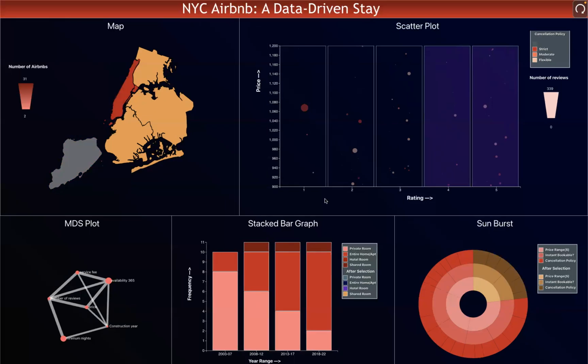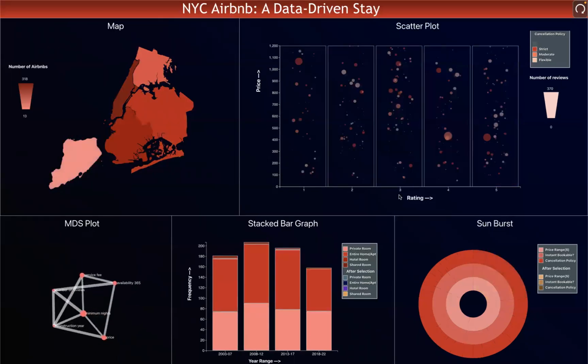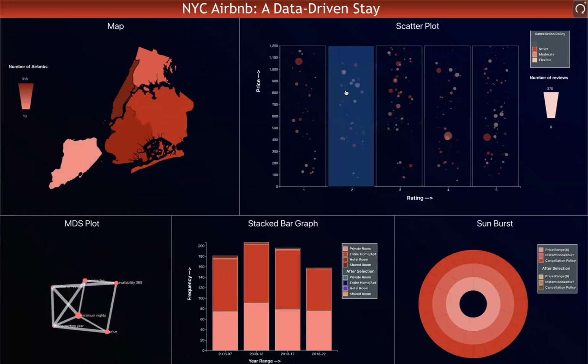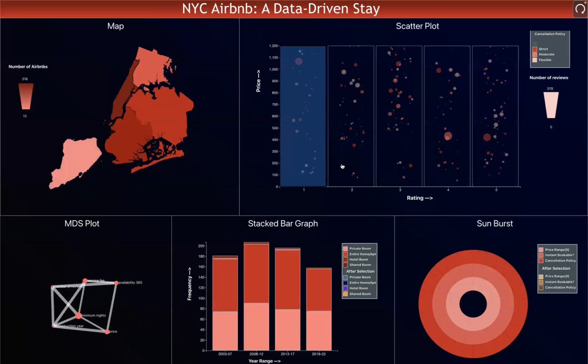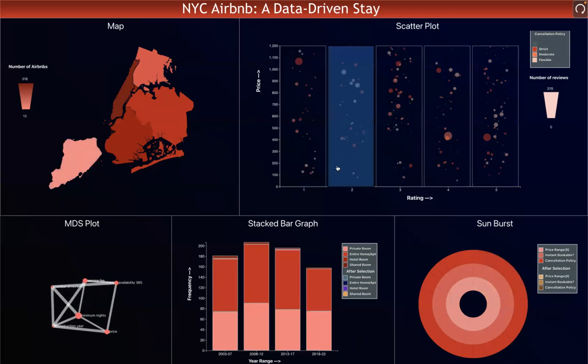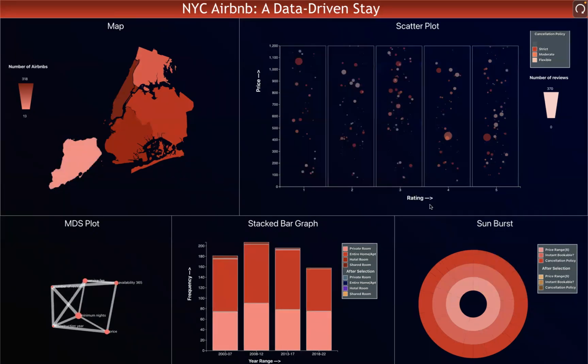Another interesting observation you can see is that in our data set, even though the ratings are changing, the price is not clustered at one particular point. It is distributed across the range. So regardless of the rating, whether it is very low or very high or even moderate, you can see that the price is almost evenly distributed.